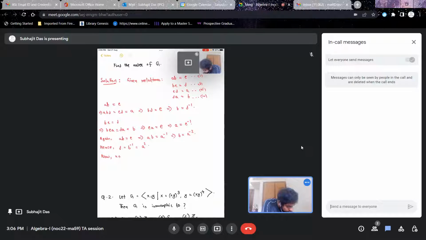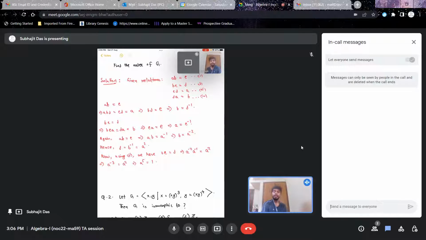Now using relation 2, we have BC is equal to D, which implies that A to the power minus 2 times A inverse, since C is A inverse, is D, which is A square, right? So we have A to the power minus 3 is A square, from which we get that A to the power 5 is 1. So this is something really important now. We have obtained that A to the power 5 is 1, right?